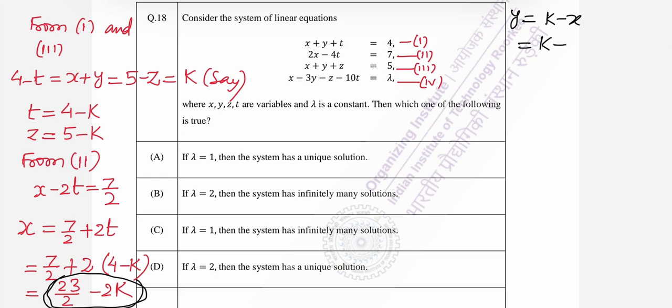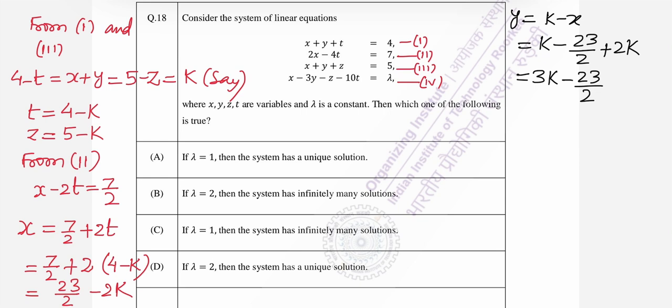You see, this is x, 23 by 2 minus 2k. So at the place of x I place 23 by 2 minus 2k, but this will be plus 2k due to the minus sign here. Okay, and this will be 3k minus 23 by 2.